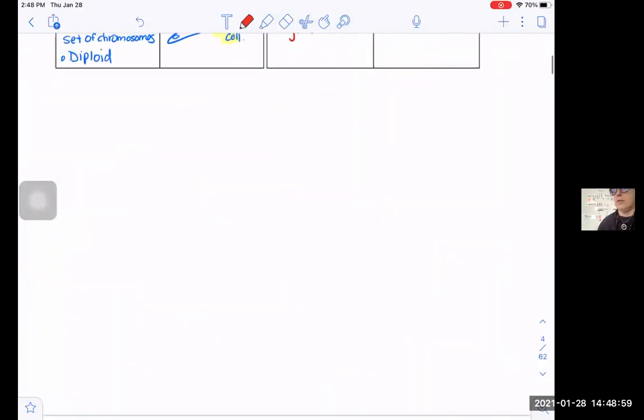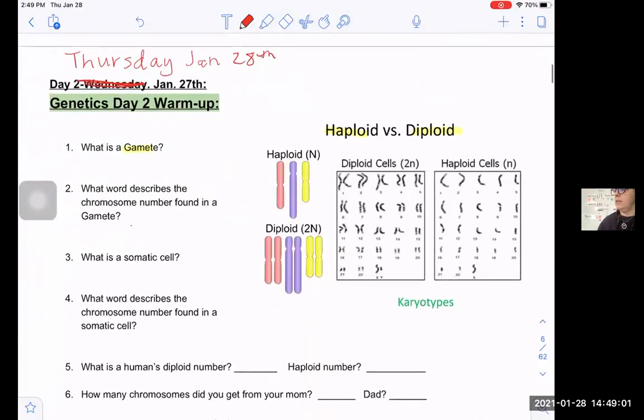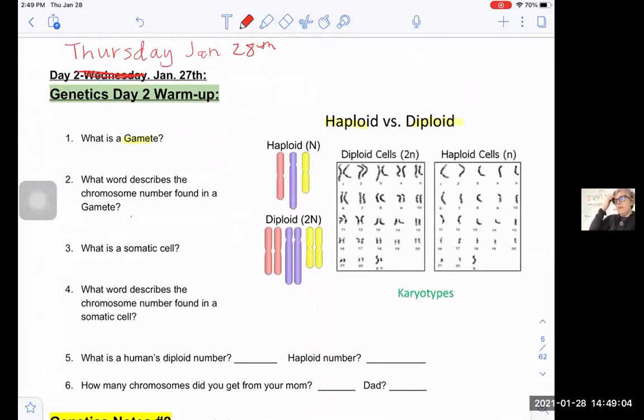You could kind of look around and try to find the answers. So yes, it is a sex cell. Some people are direct messaging me that it is a sex cell. So it's either a sperm if you are a male, or it is an egg if you are a female. A gamete is a word we use to describe a sex cell, sperm or egg.